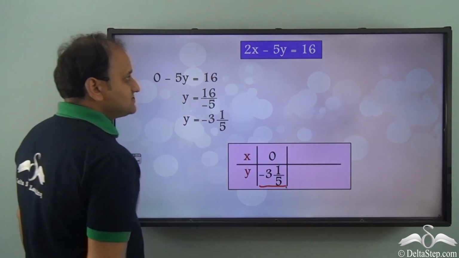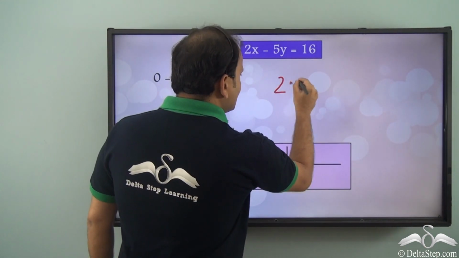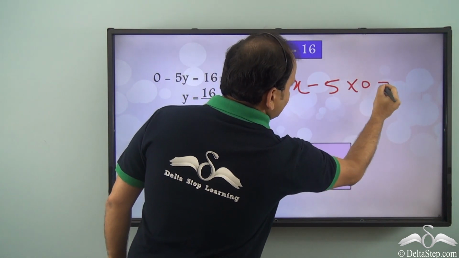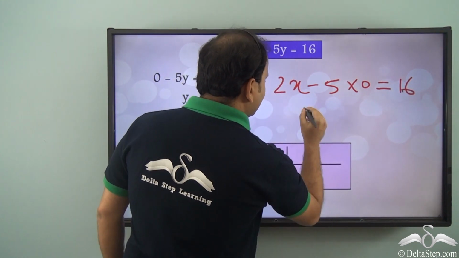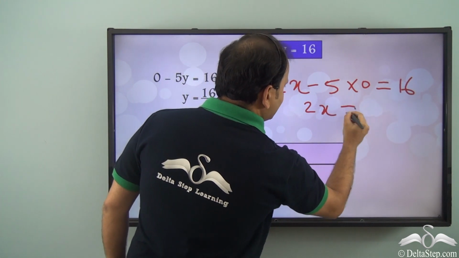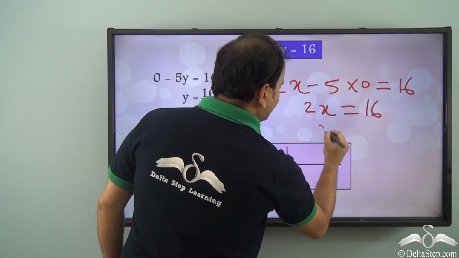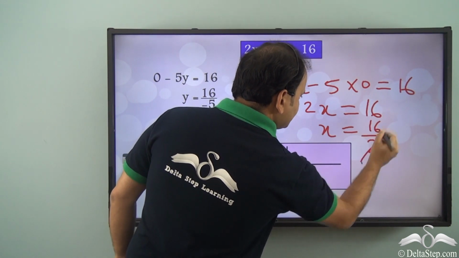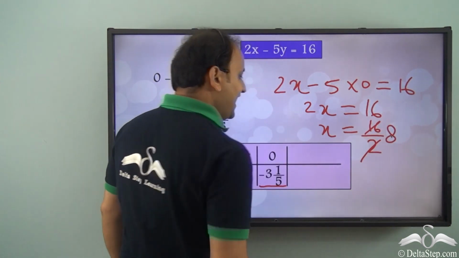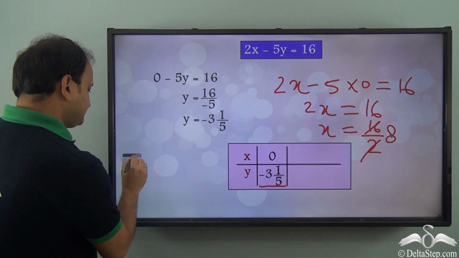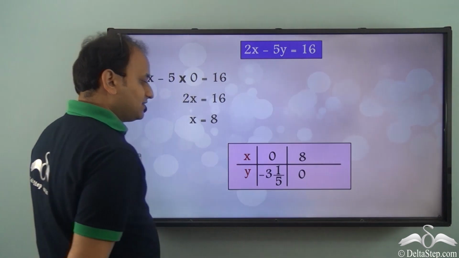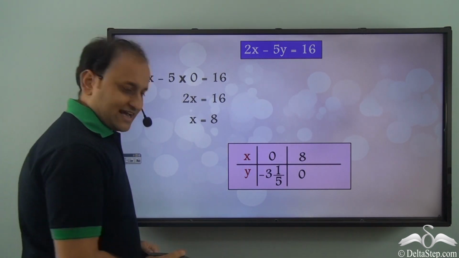So if we take y as 0, then what do we get? 2x minus 5 into 0 is equal to 16, or we can say that 2x is equal to 16, or x is equal to 16 by 2. So we get 8, right? So when we take y as 0, we get 8 as x.